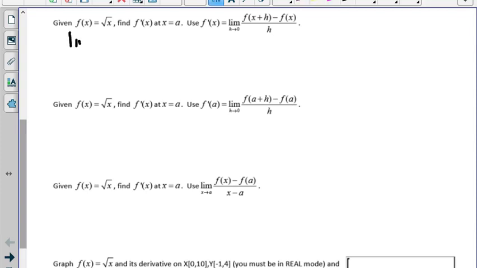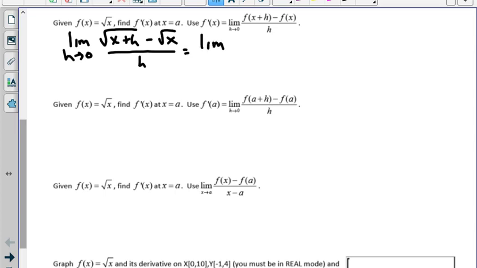So the limit as h approaches 0 of, I don't need to write f, I can actually just use the function here, square root of x plus h minus square root of x all over h. So probably the easiest way to do that is to rationalize the numerator. So I'm going to multiply the top and bottom by the square root of x plus h plus square root of x.